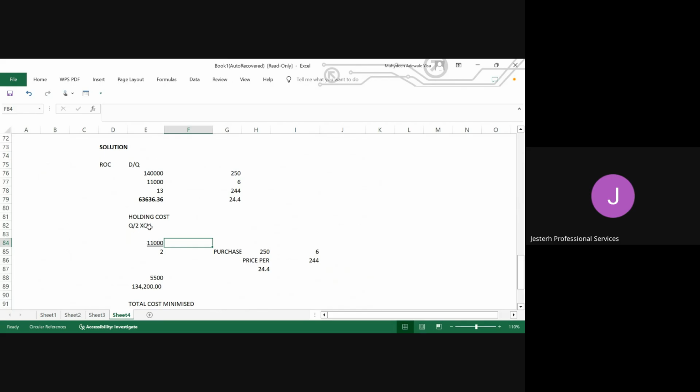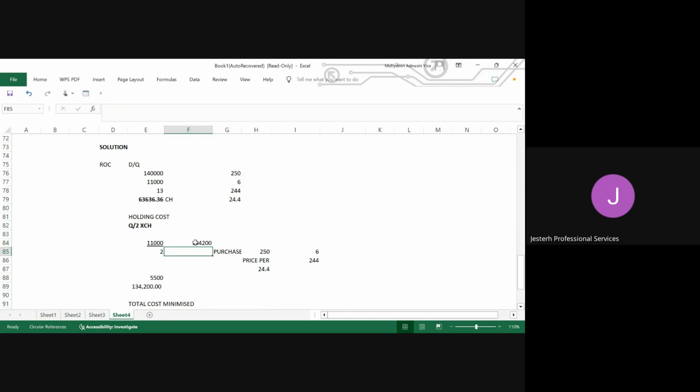Remember, we are applying this particular formula, Q divided by 2 multiplied by HC. Now our HC in this aspect is 24 naira 4 kobo. Now you will say 11,000 units divided by 2 multiplied by 24 naira 0.4 kobo.